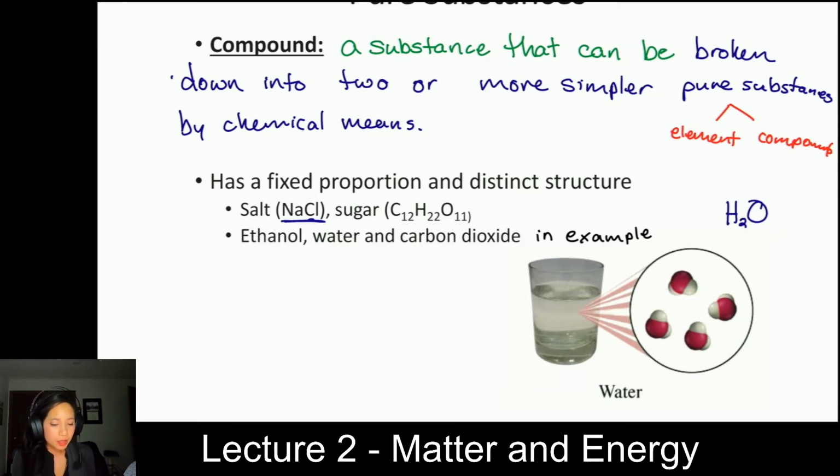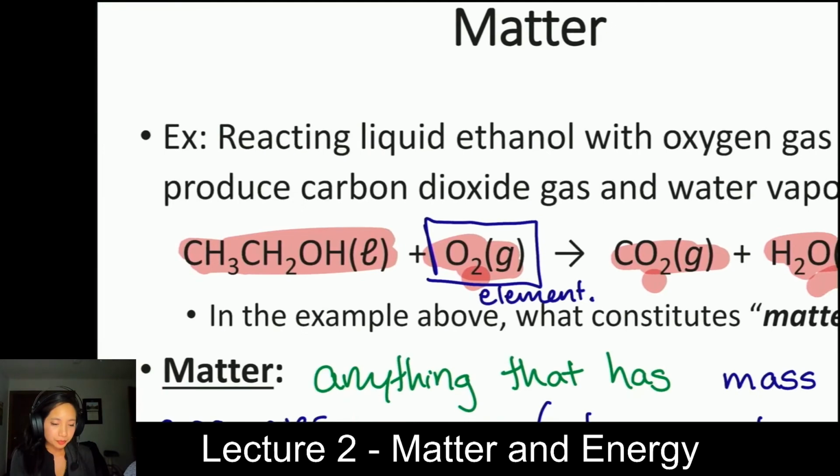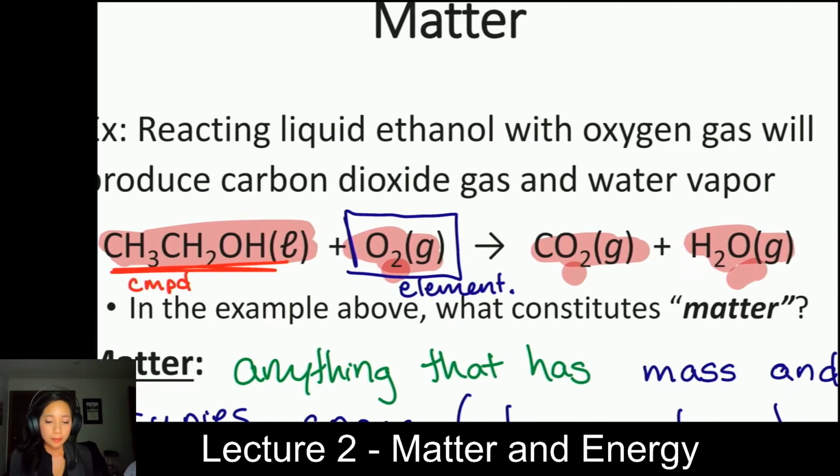And then some other examples of compounds. If we go back to our example from the top, ethanol, water, and carbon dioxide are also compounds. Ethanol is a compound because there are carbons, hydrogens, and oxygens. We could split ethanol into simpler elements: carbons, hydrogens, oxygens, right?